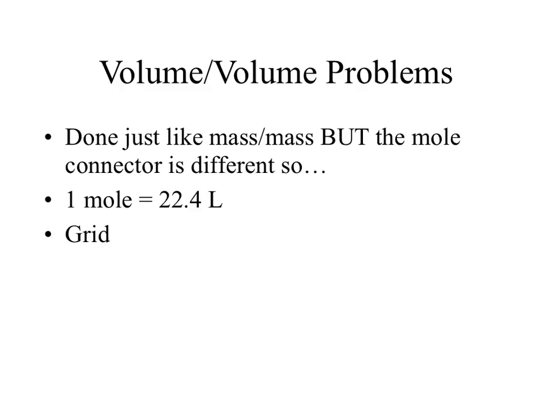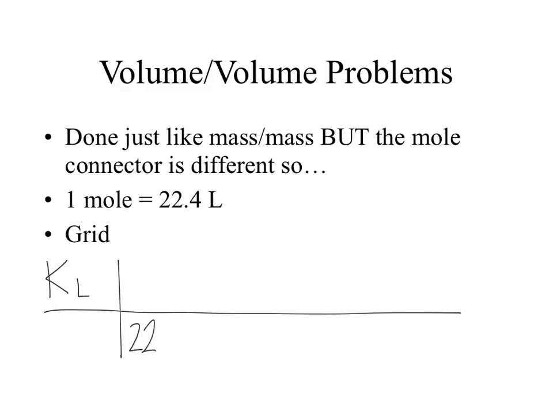Our last type of problem is our volume problems. So these are done just like mass to mass, but the mole connector is different. So instead of using the molar mass, we're going to use 22.4 liters in our grid. So our grid looks like this. We're going to start with our known, and it's going to be in liters. So we're going to use our conversion, 22.4 liters to every mole.